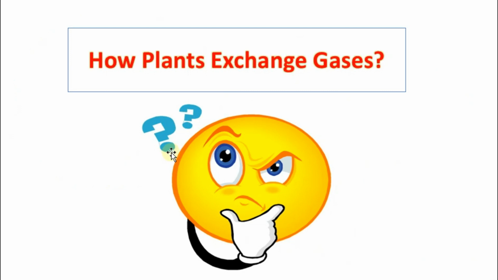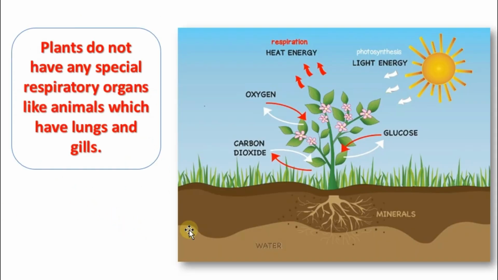How do plants exchange their gases? Here you can see in this picture that plants have no special organs for gaseous exchange like animals, which have lungs or gills. So how do plants exchange their gases?